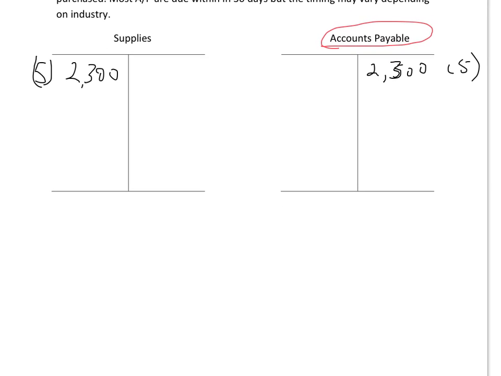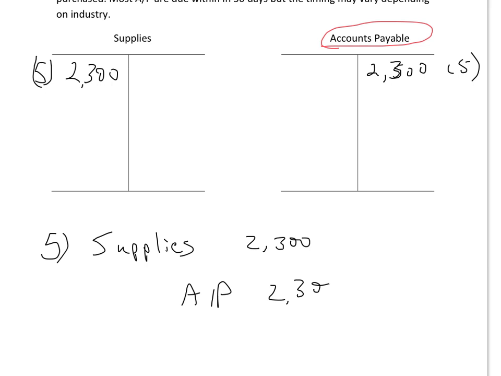Let's do our journal entry. Supplies. And accounts payable. Okay, so debiting an asset, remember, increases that asset. Crediting a liability increases the liability.